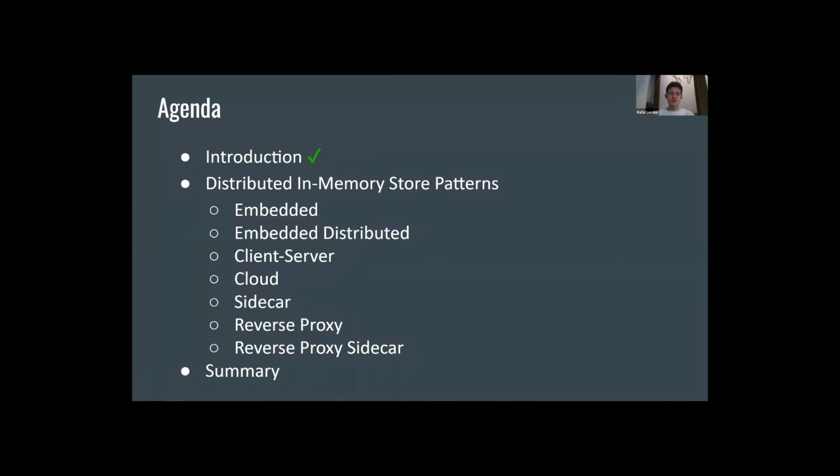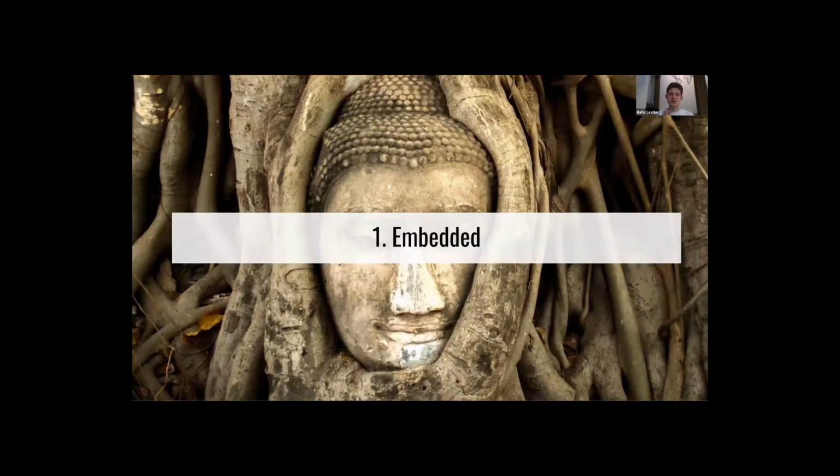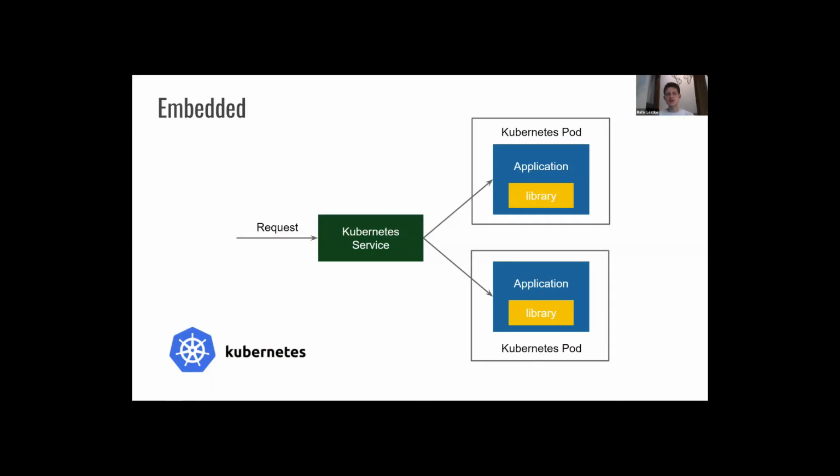So the first thing, you can use something embedded. We can embed a library into our service to make it faster. What does it look like? Imagine we have a system like that. A request goes to our system, it goes to the Kubernetes service, it's load balanced to one of the Kubernetes pods, and inside this pod is an application that receives the request.